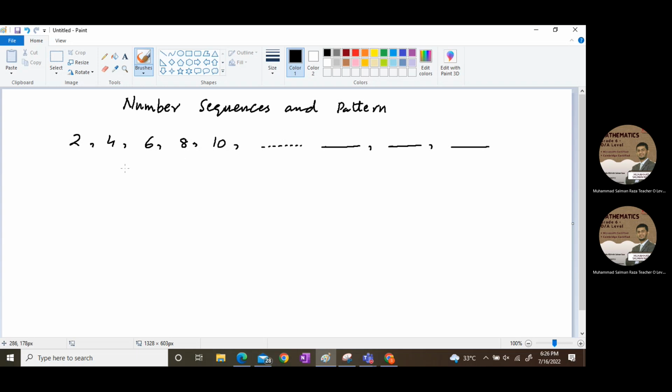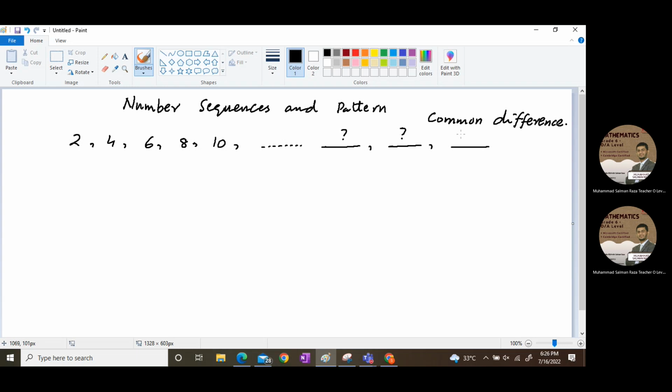So this is the case of a common difference. What are we going to do? There is a formula for you to write. You can find out the next numbers, like what is coming in this blank.